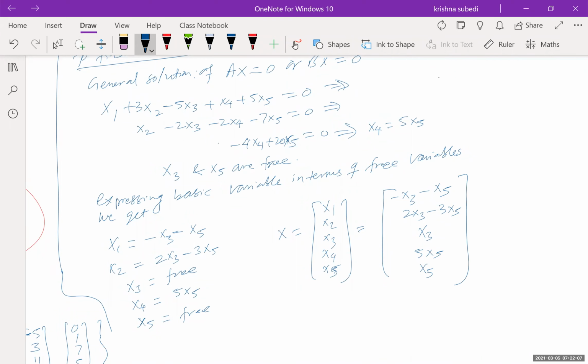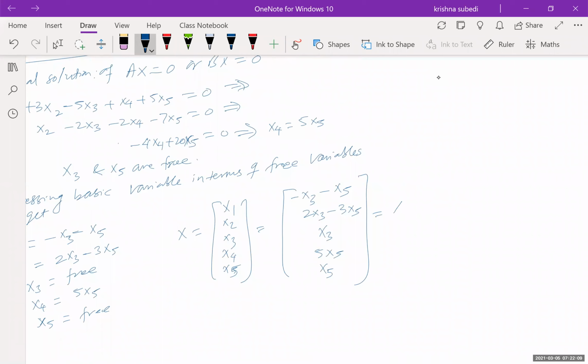So we can write it this way. For x3 there will be negative 1, 2, 1, 0, 0. And for x5, I will have negative 1, negative 3, 0, 5, 1.